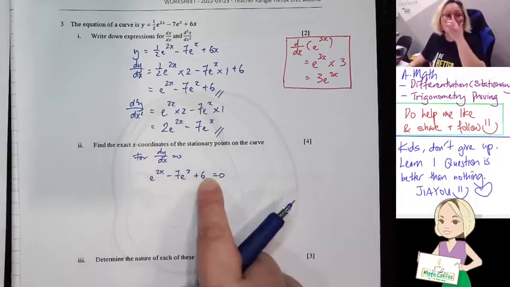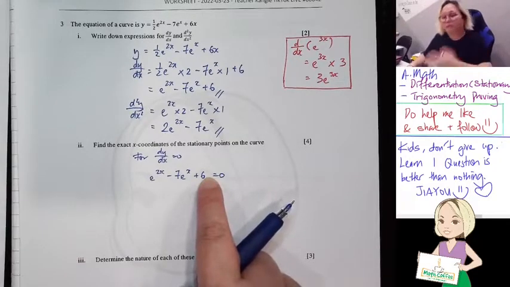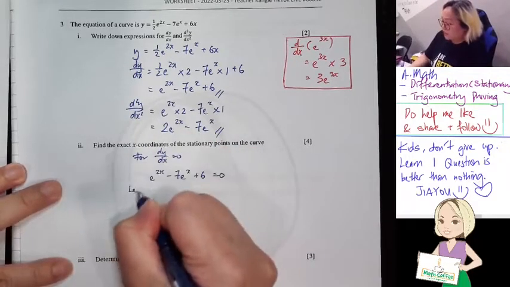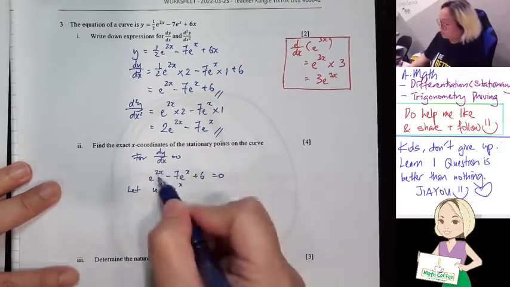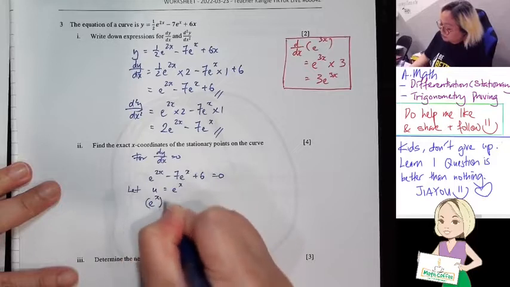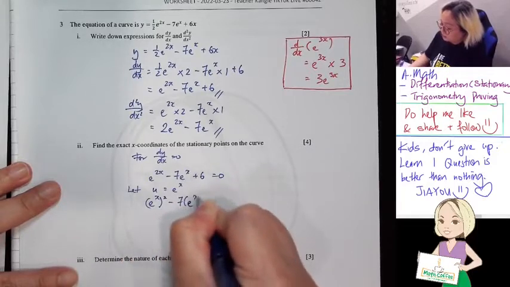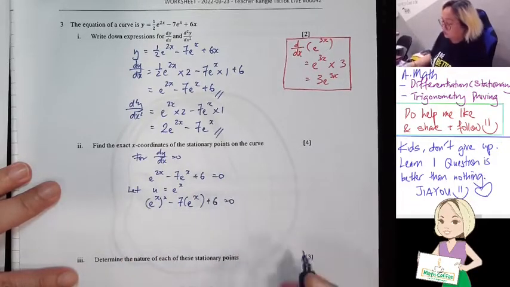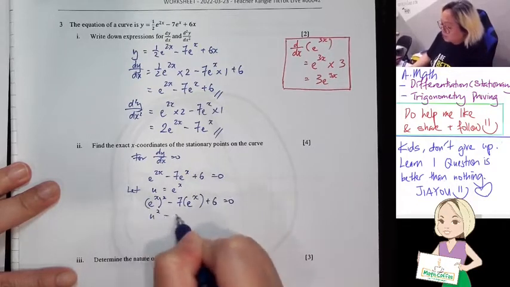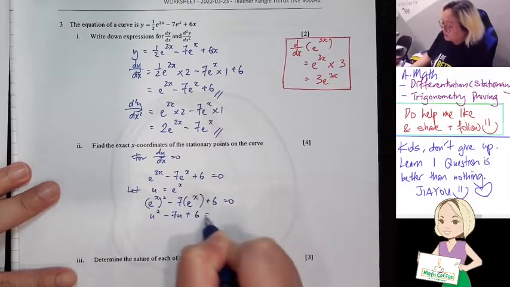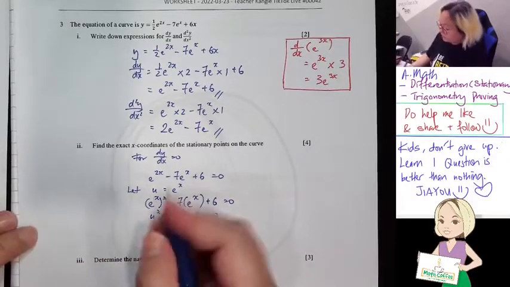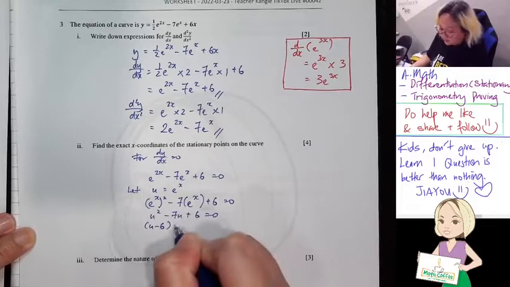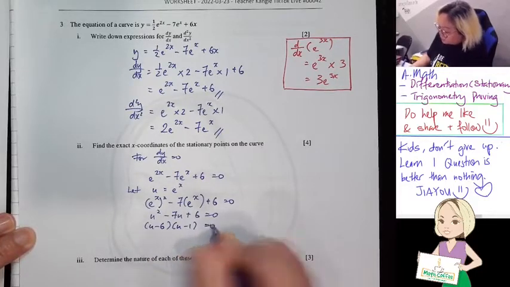For dy dx equals to 0, I want to solve this by substitution. I let u equals to e to the power of x. So this is e^x squared minus 7e^x plus 6 equals to 0. It becomes u square minus 7u plus 6 equals to 0. Let's solve this. We factorize, become u minus 6, u minus 1 equals to 0.